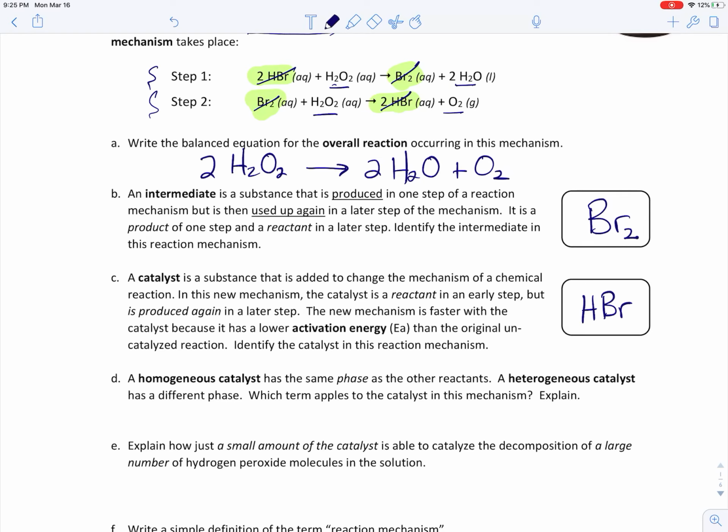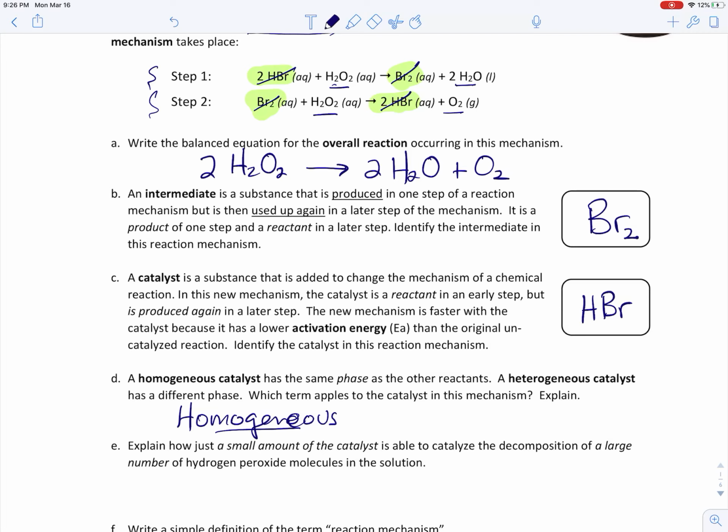So because the catalyst there was the same phase as the other reactant that it was working with, this was a homogeneous catalyst. If the catalyst were a different phase, so maybe we were using a solid catalyst with the aqueous hydrogen peroxide, then it would have been a heterogeneous catalyst.